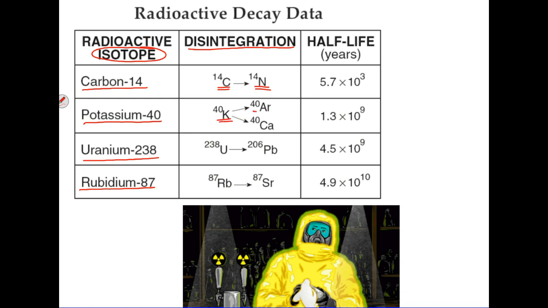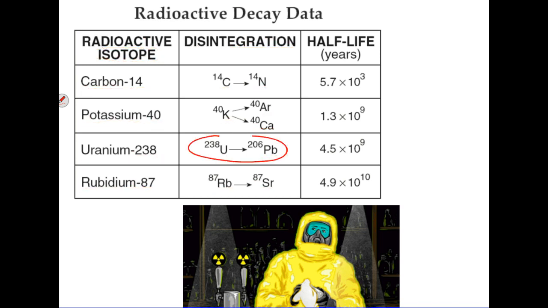Potassium 40 changes into argon and calcium 40, uranium 238 turns into lead 206, and rubidium 87 turns into strontium 87. And then there's the half-life, which is how long this process takes. More on that later. Understand, though, that when we look at uranium 238 and its disintegration, it says it goes from uranium 238 to lead 206.